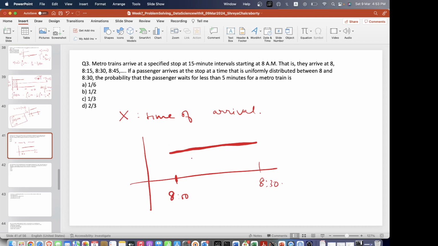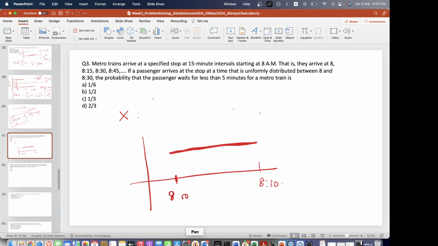So x is not time of arrival. X is how much wait time a person has to wait. Okay, 1 second.